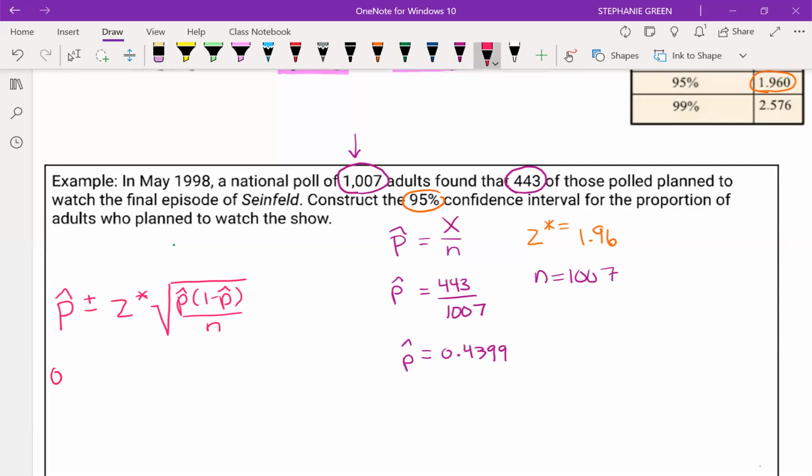p hat 0.4399. I'll go ahead and round to 0.44 plus or minus z star 1.96 times the square root of p hat 0.44 times 1 minus p hat, which would be 0.56, right? 1 minus 0.44 is 0.56, and n is 1,007.